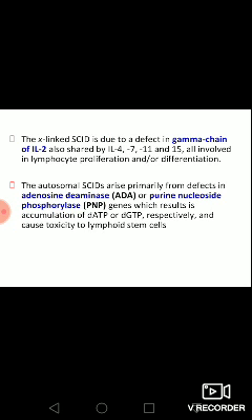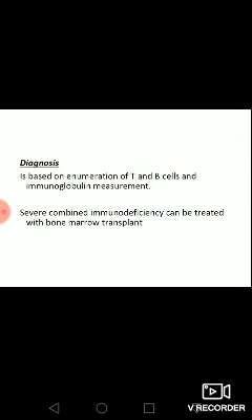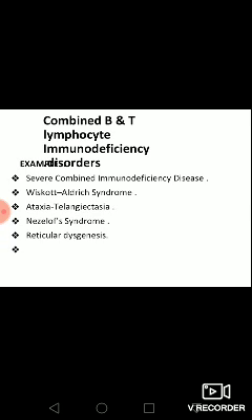It may be X-linked, with a defect in the gamma chain of the interleukin 2 receptor, or it may be autosomal, with a defect in adenosine deaminase enzyme or purine nucleoside phosphorylase gene defect, leading to toxicity to lymphoid stem cells. In this situation, we are going to use tests for both T and B cells and immunoglobulin measurement, and the only solution is bone marrow transplantation or umbilical cord transplantation.